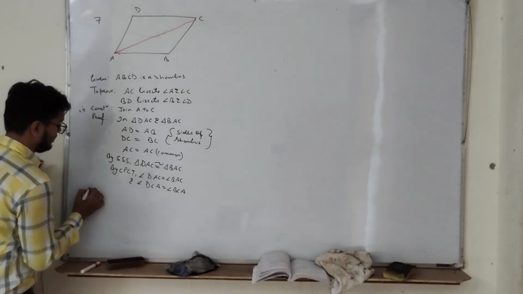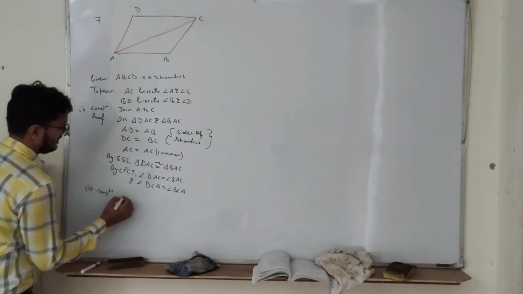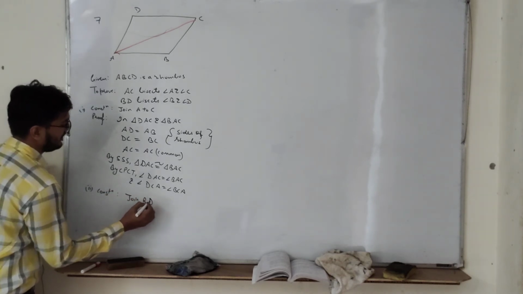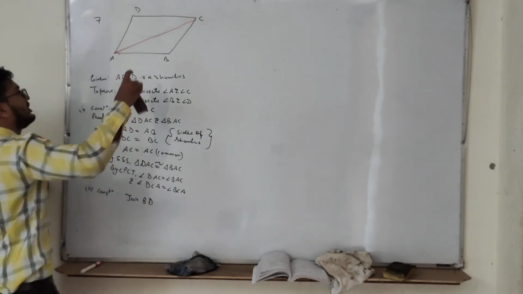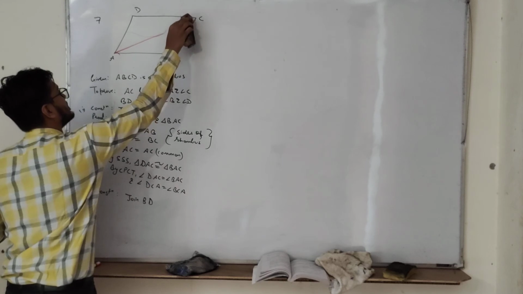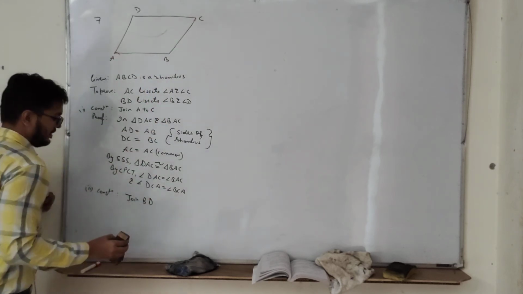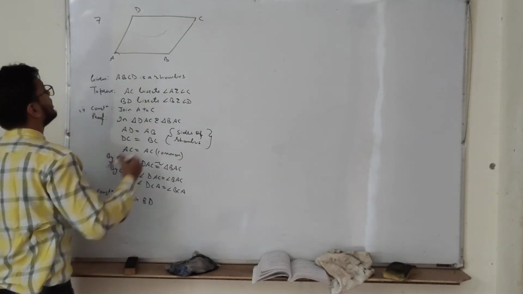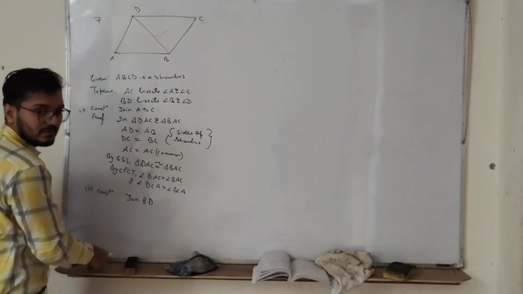Now construction 2 for the second part. Join B to D, or join BD. Now make a separate diagram again. I'll do the changes in it only. You make a separate diagram and join B to D and follow the same structure, same steps.